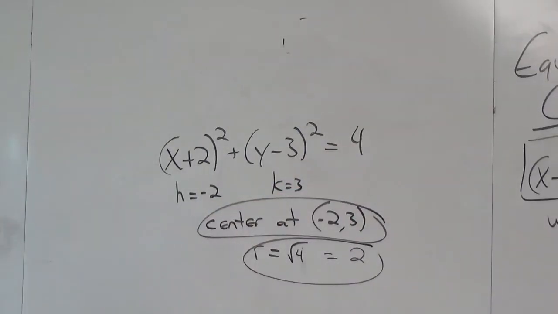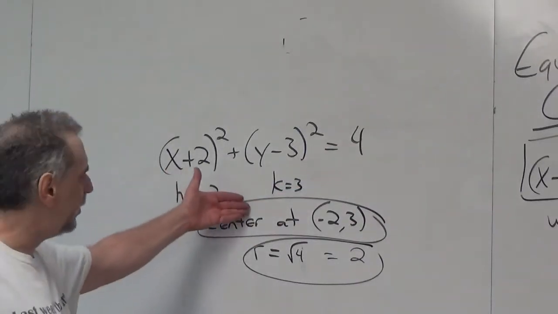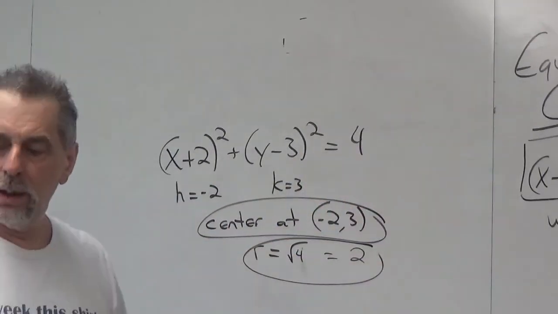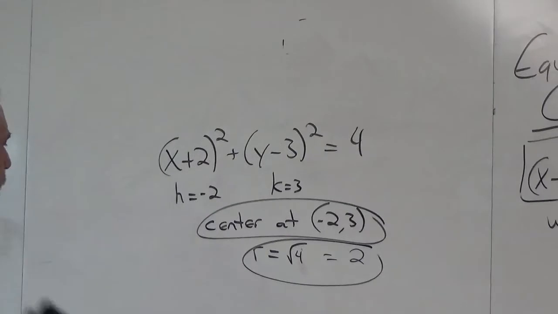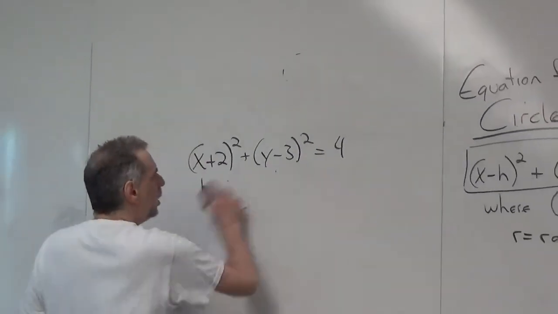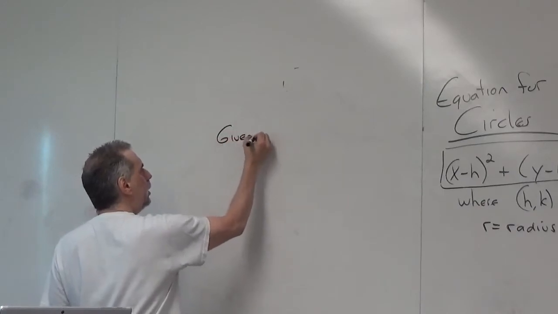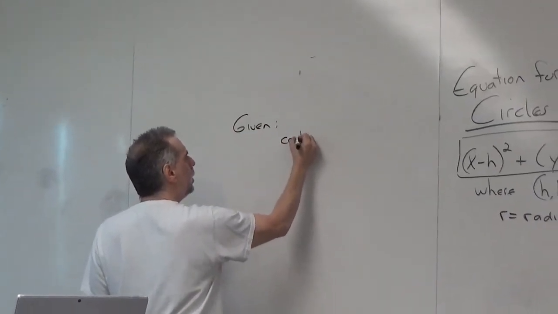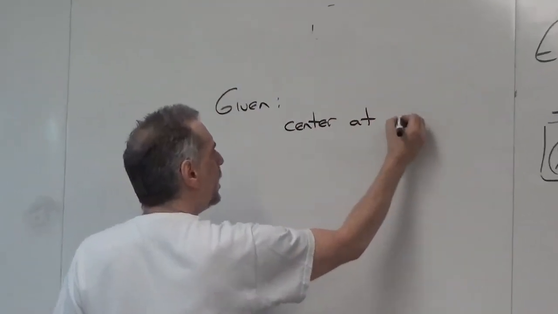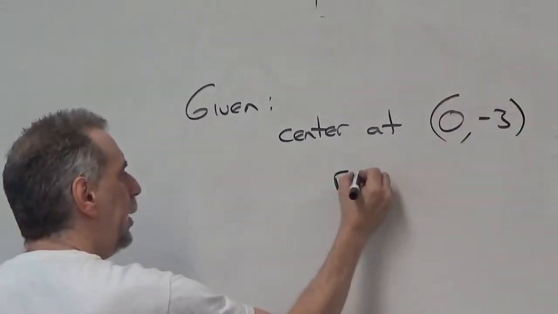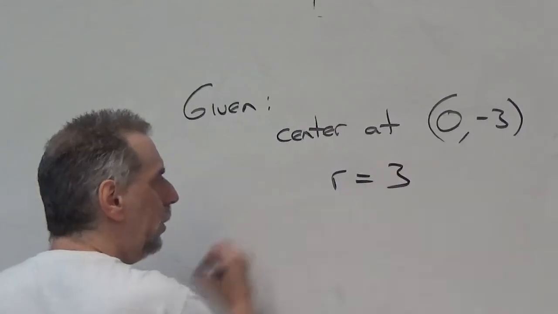Sometimes you'll be given the center and the radius and asked to come up with the equation. So that's another way you'll see this. It'll say given a center at, say, 0, negative 3, and a radius of 3.